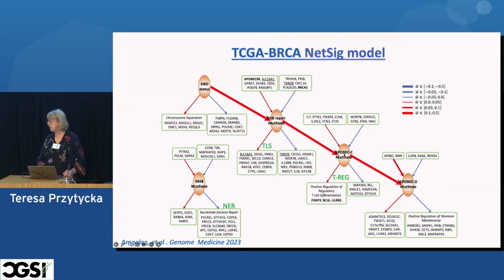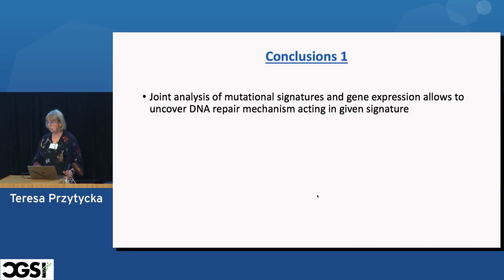For breast cancer, what we see by this analysis is that the APOBEC signature is activating Tregs, and those are known to be involved in and predictive of immunotherapy response. So that suggests that the joint analysis of mutational signatures and gene expression allows us to uncover at least some DNA repair mechanisms that are activated by given signatures.